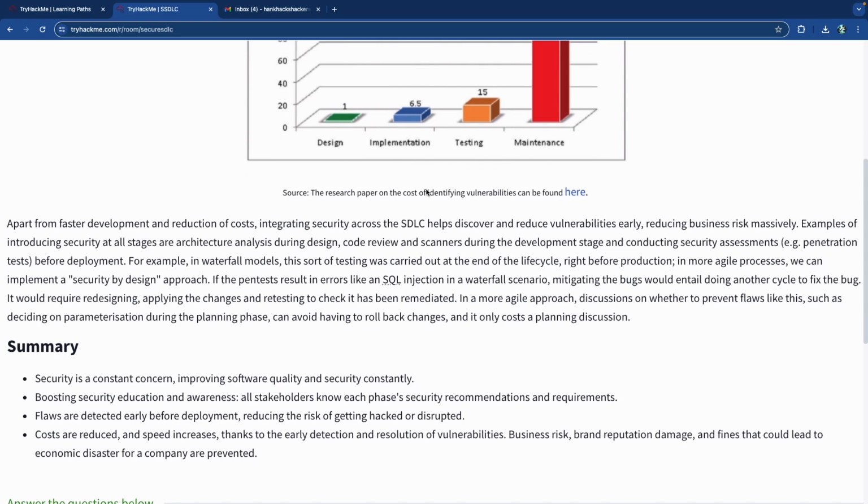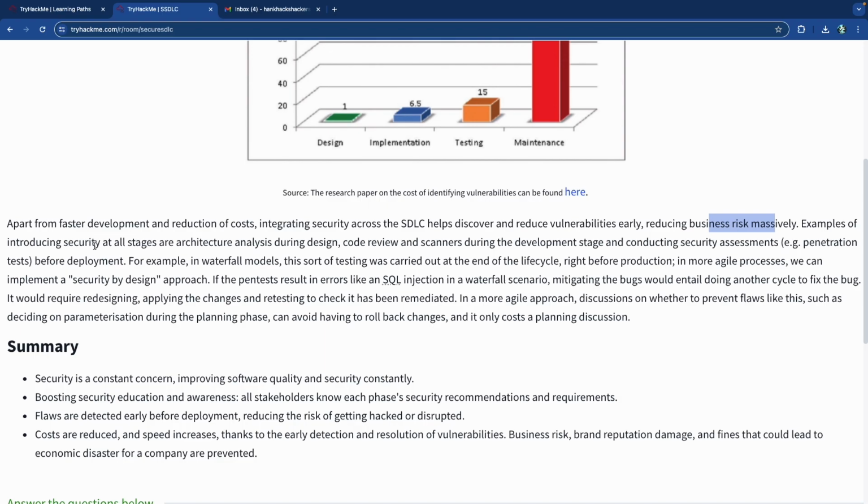And this is where we come in. You have to go and partner up with the development team to help them approach the design and implementation and testing phases according to the best security practices. So apart from faster development and low costs, integrating security across the software development lifecycle helps discover and reduce vulnerabilities early on, which reduces the business risk massively.